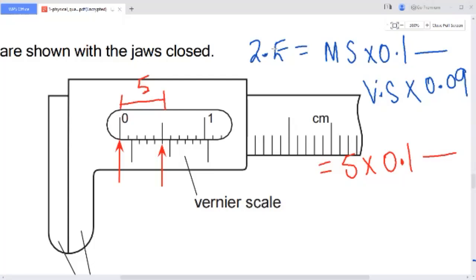So Vernier scale 0 is somewhere here and the matching line is the same. So there are 4 lines, so we multiply 4 with 0.09.